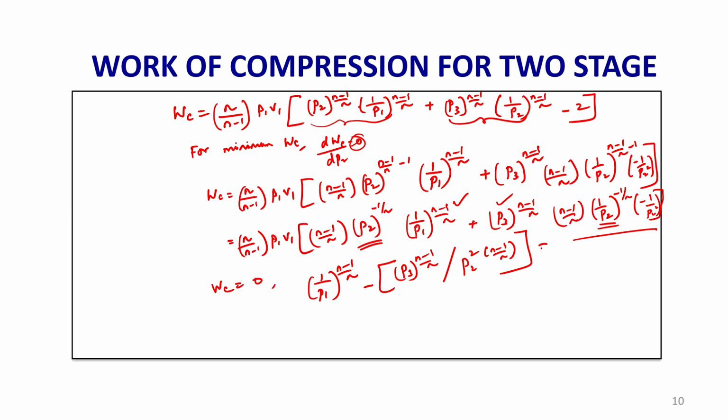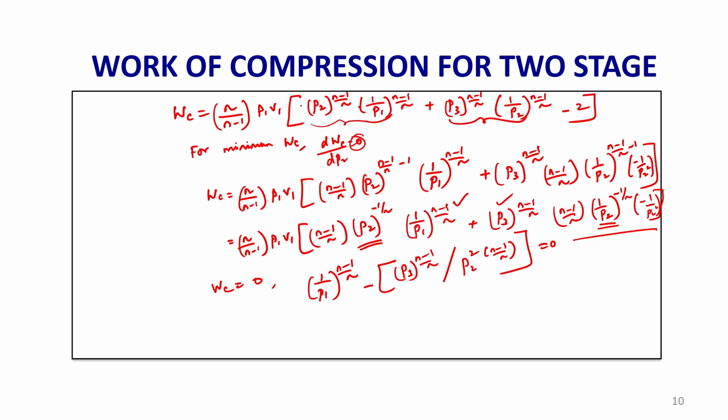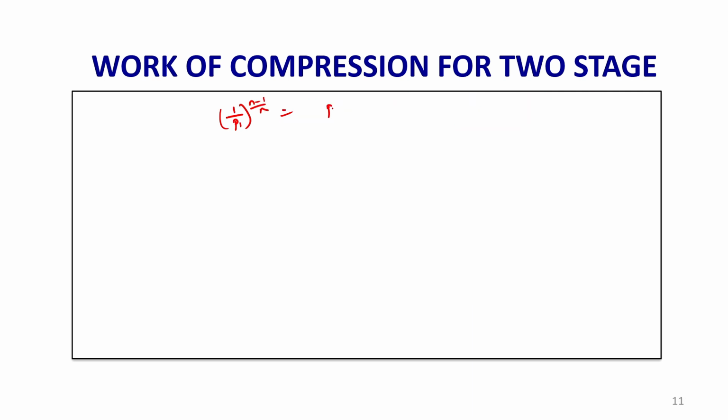So, this is equal to 0. Now, bring this term to the right side. So, 1 by P1 to the power of n minus 1 by n is equal to, this minus term I am taking to the right side of the 0, so it will become positive: P3 power n minus 1 by n divided by P2 square to the power of n minus 1 by n.